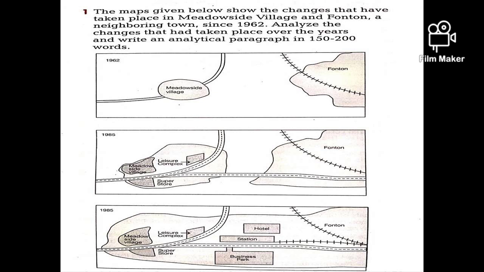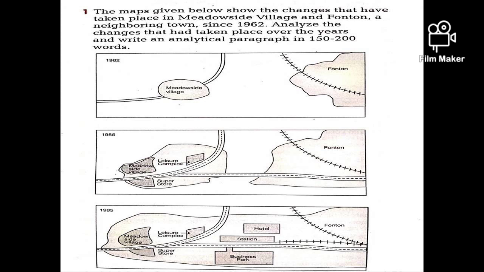Look at the maps. The first map is taken in the year 1962. It shows Meadowside Village and Fontaine. A road is going through Meadowside Village and a railway track passes over Fontaine.